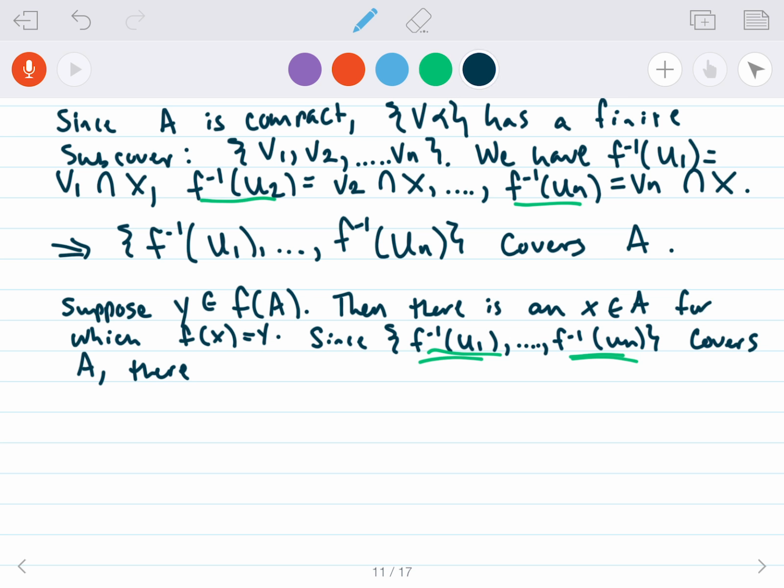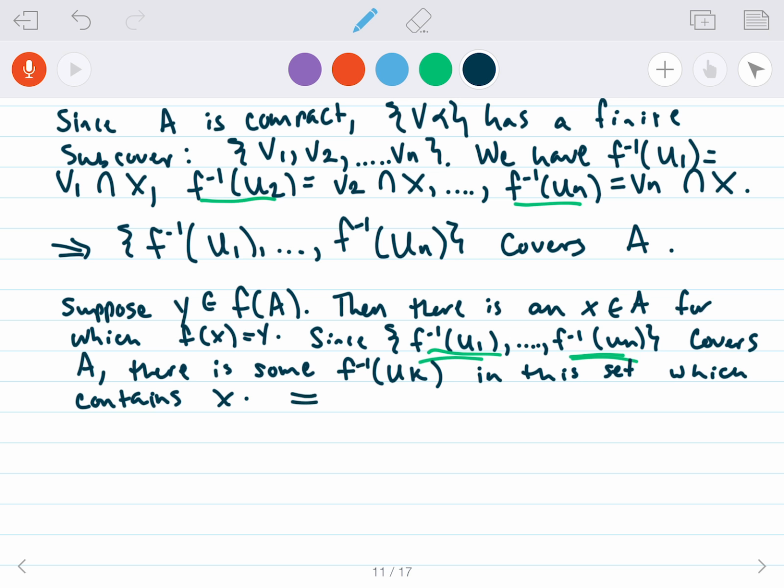Let's call it pre-image of U sub K. There is some pre-image UK in this set which contains X. And so what does this mean? This means that f of x, which is y, is going to be in UK.